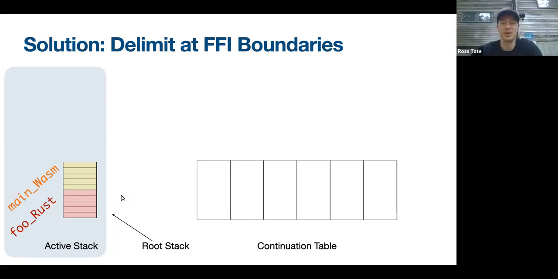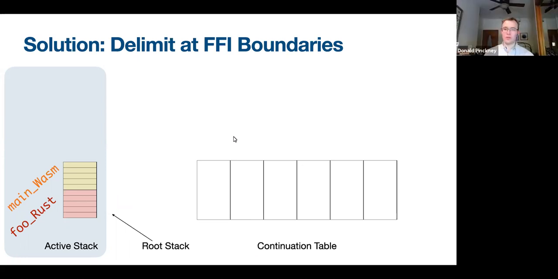Donald, we'll let you keep going. Yeah. We're nearly at the end, so after this, we can definitely have a discussion more. So I guess the intuition is we keep track of this root stack, which is remembering the unique stack which has mixed language stack frames.